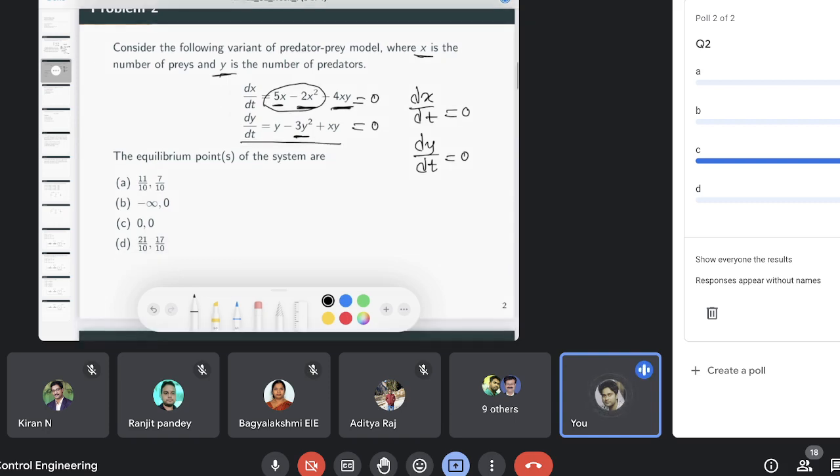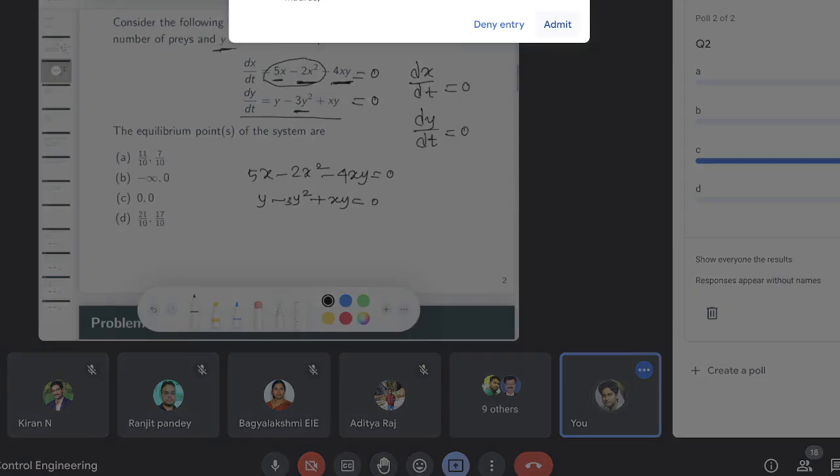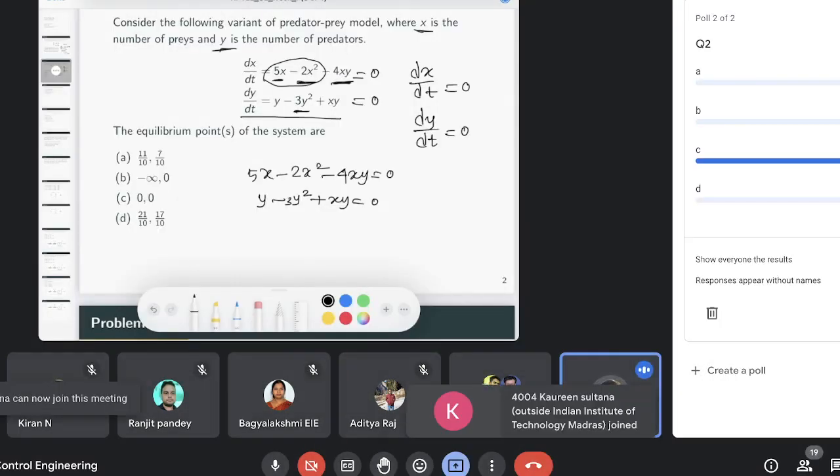Okay, so from the first equation you have this equal to 0, and from the second equation you have this equal to 0. Then you have to find under what conditions these are 0.